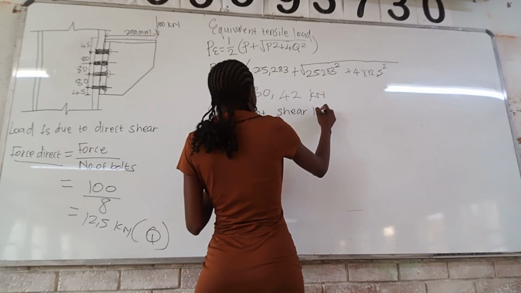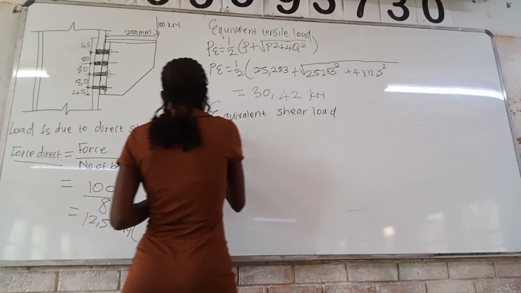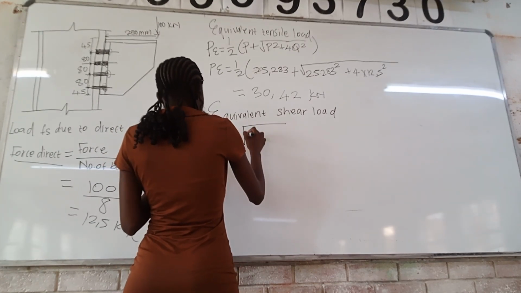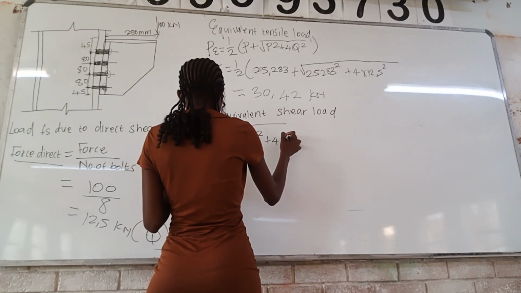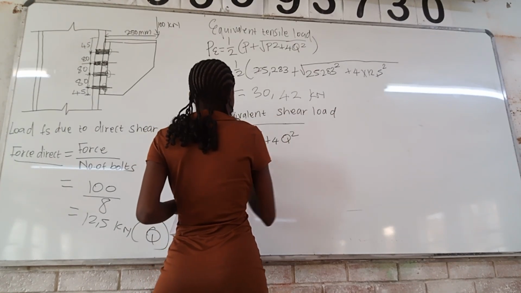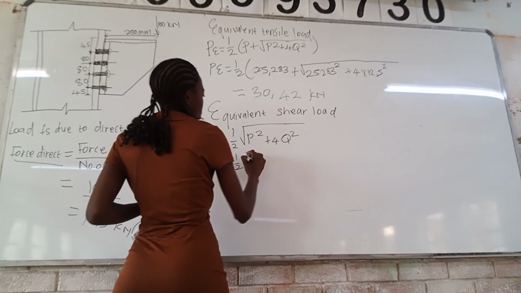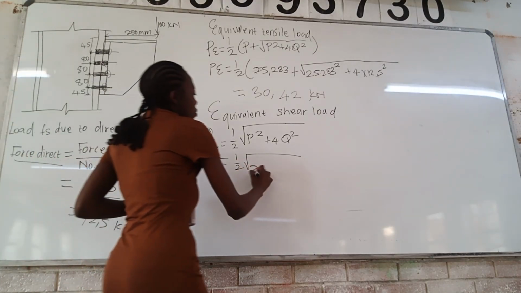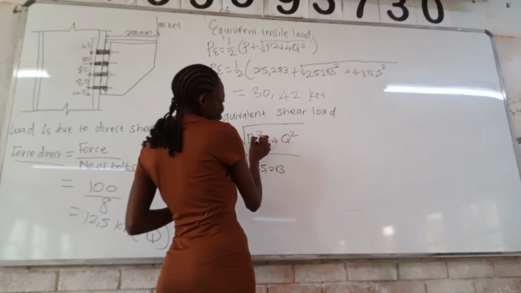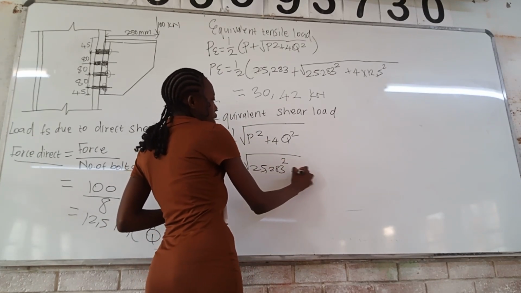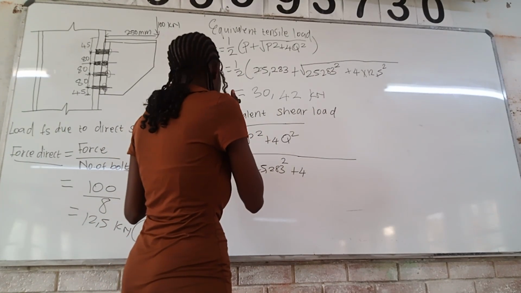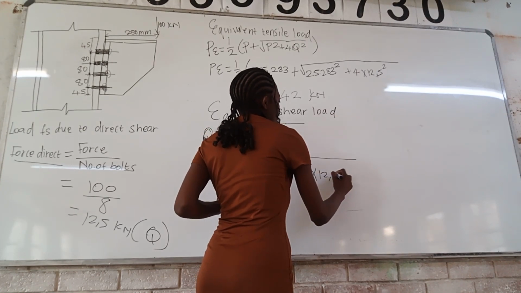So the equivalent shear load QE is equal to 1 over 2 times the square root of P squared plus 4Q squared. What is our P? 25.283. The formula says it's P squared, so we square it. And then Q is 12.5, so it's 4 times 12.5, squared.